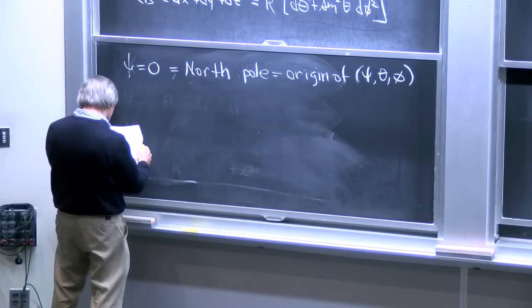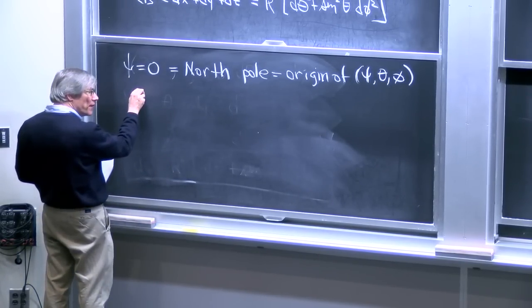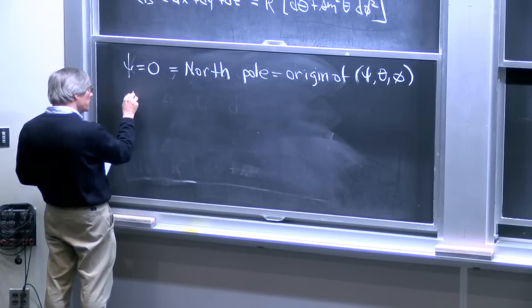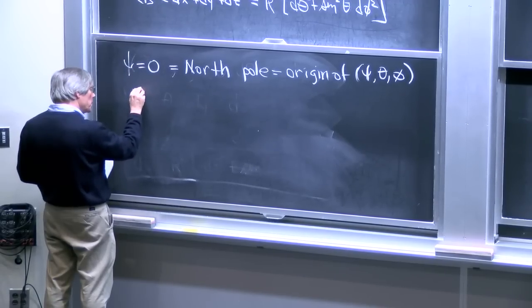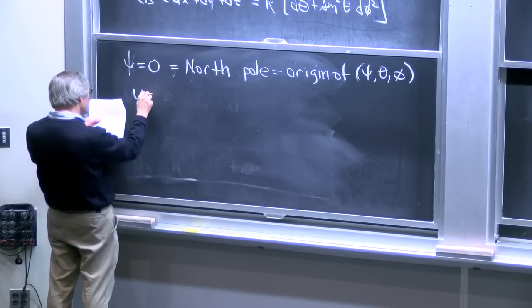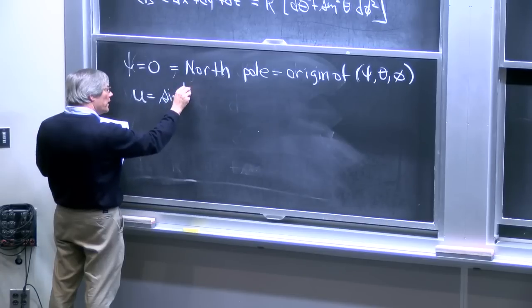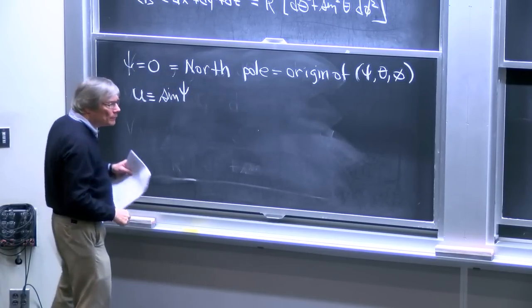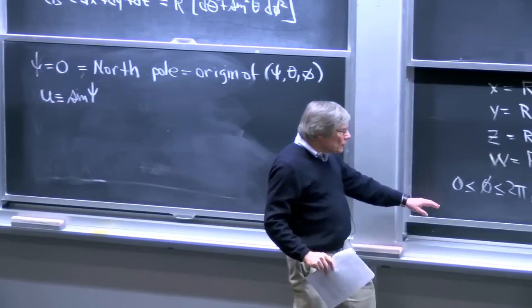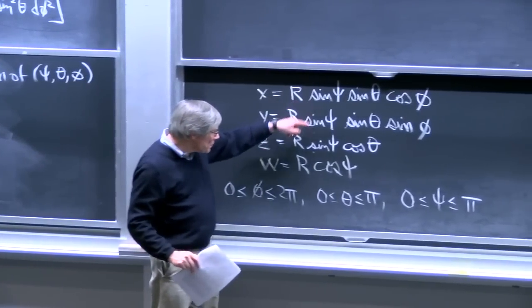And we will sometimes use other radial variables for the distance from the origin. So in particular, another coordinate that's very commonly used is u, which is just defined to be the sine of the angle psi. And notice that the sine of the angle psi shows up in a lot of equations.